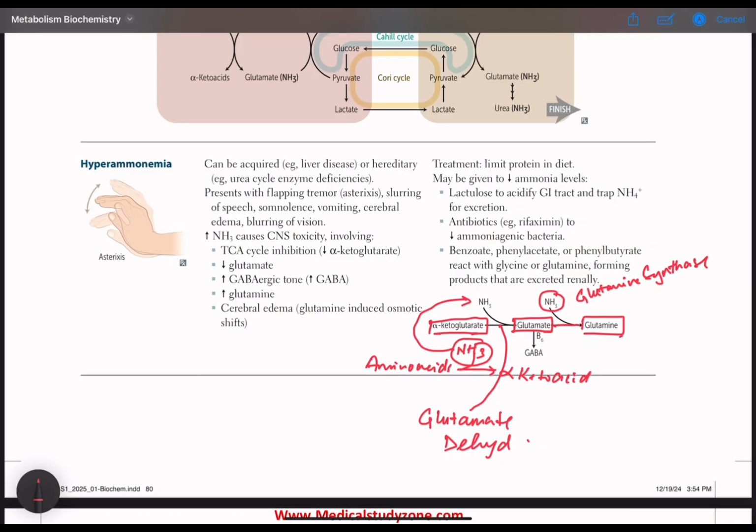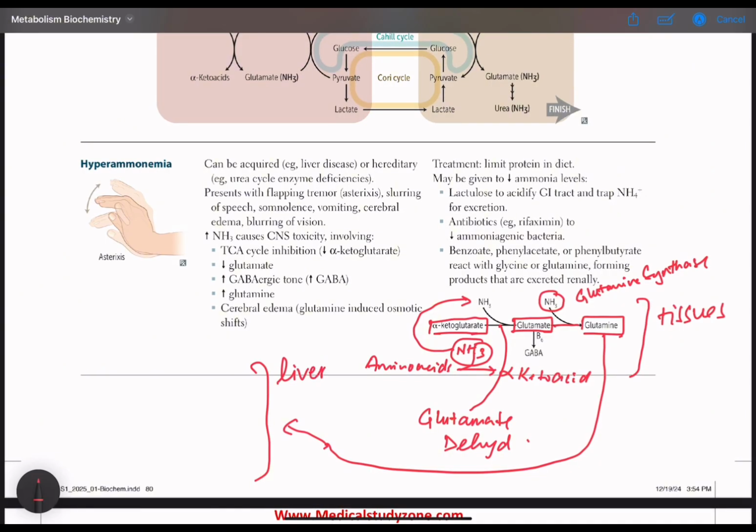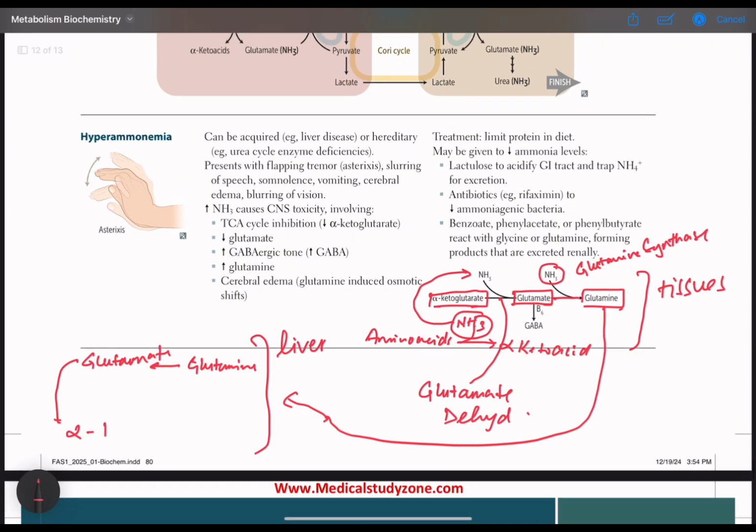This glutamine exists in tissues, and it can then go on to the liver, where the exact opposite occurs. Glutamine is converted into glutamate, and glutamate is converted into alpha ketoglutarate.